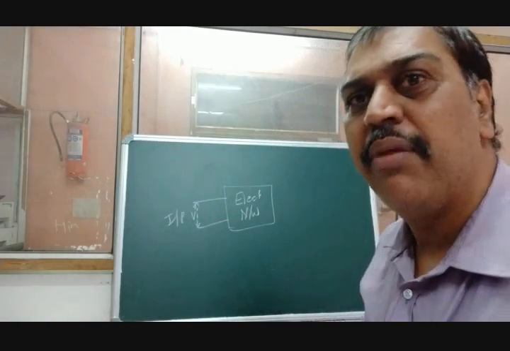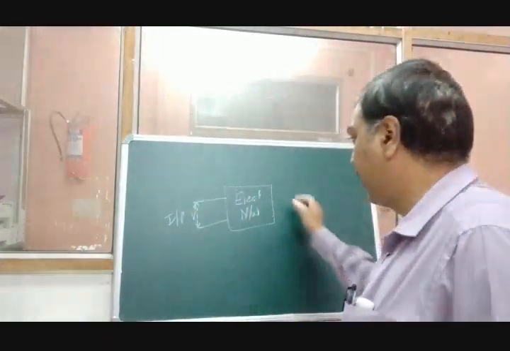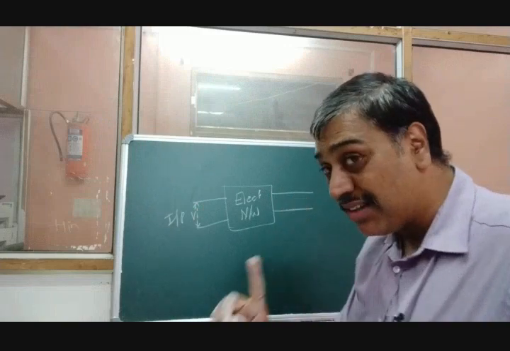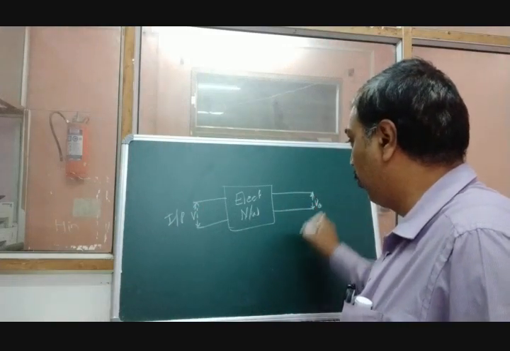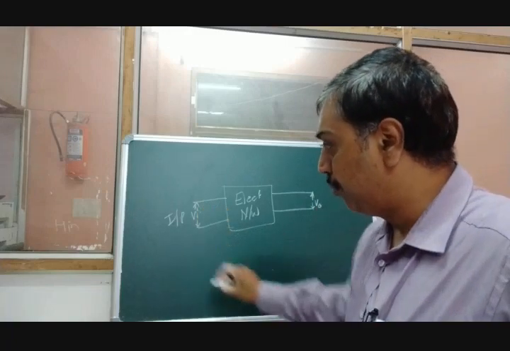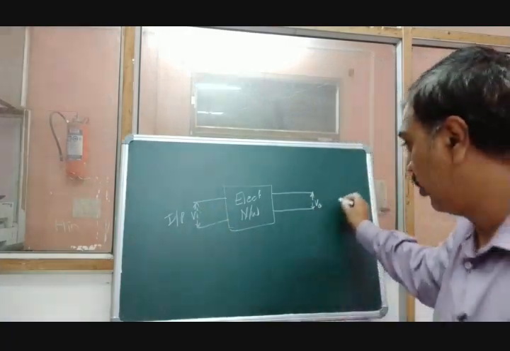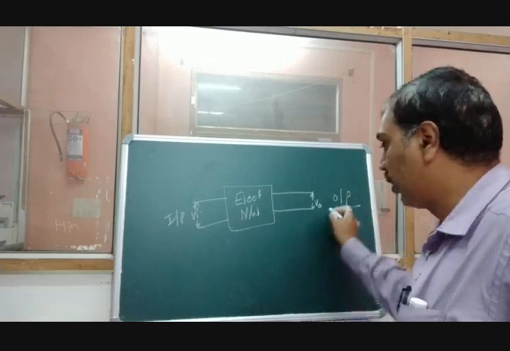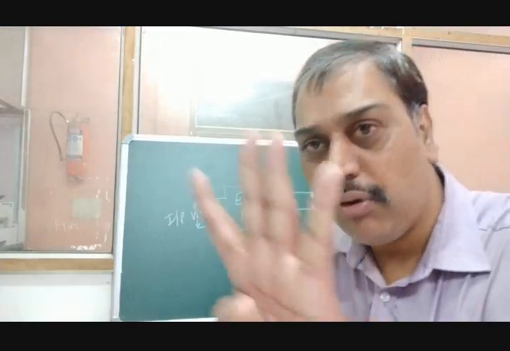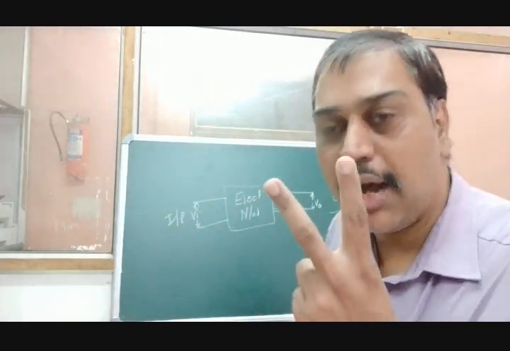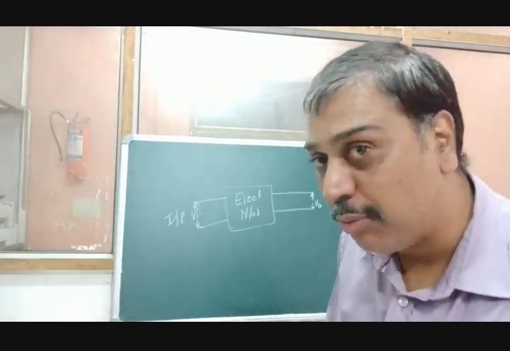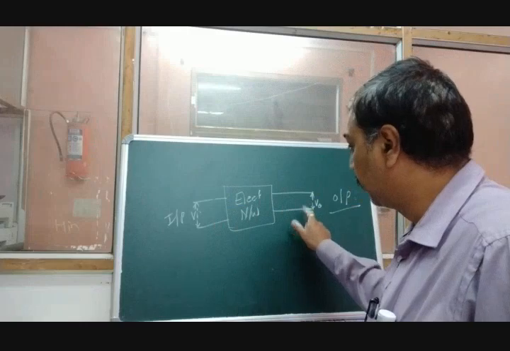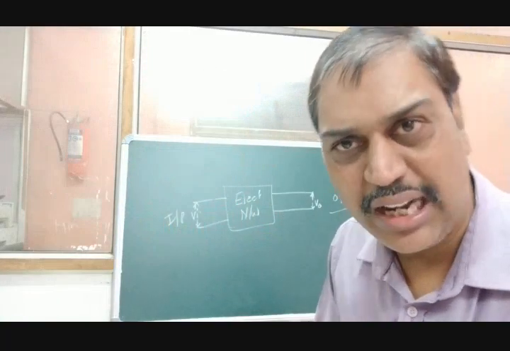At the same time, minimum two terminals are required to take an output here, and that output is said to be VO. VI is the input, VO is the output. So the total terminals required are 4: 2 for applying the input and 2 for getting the output.